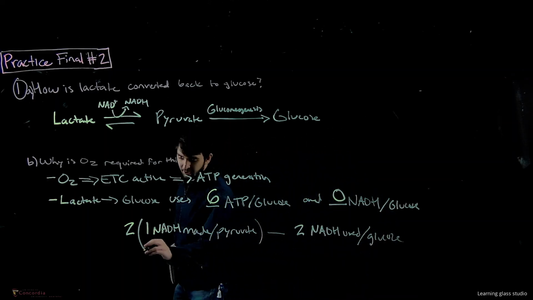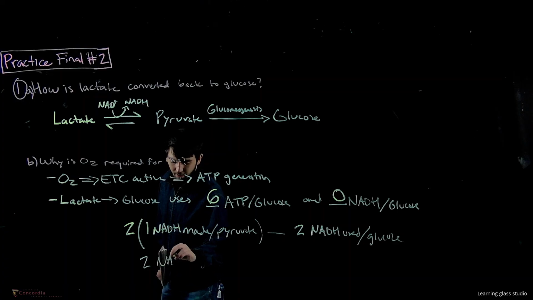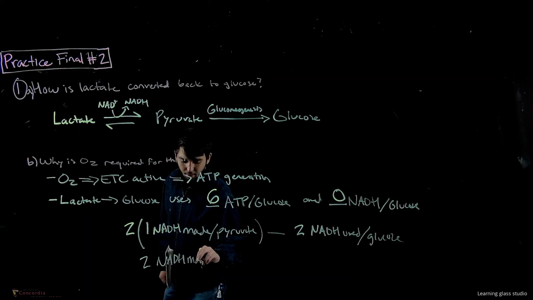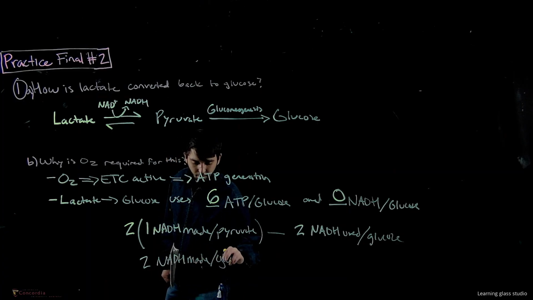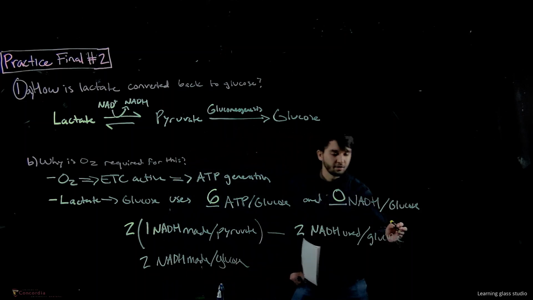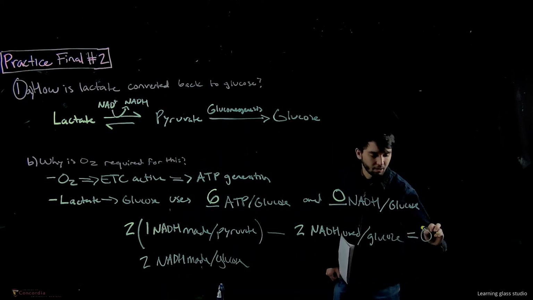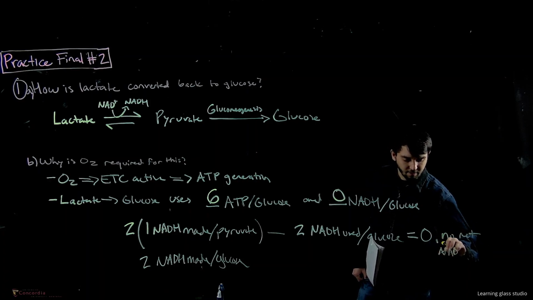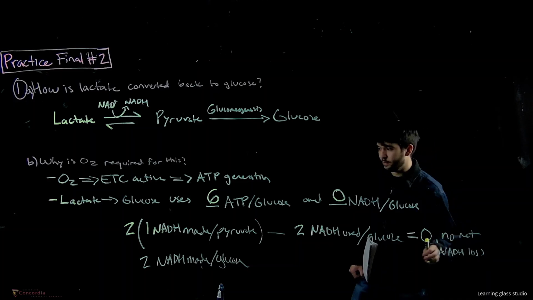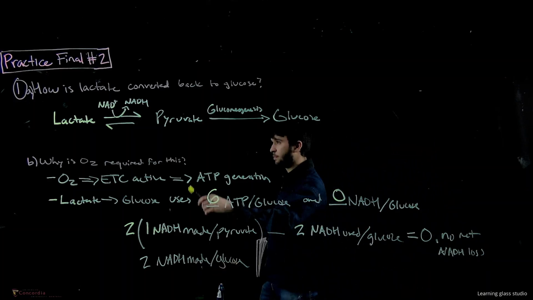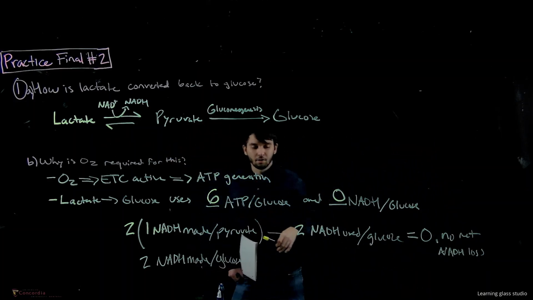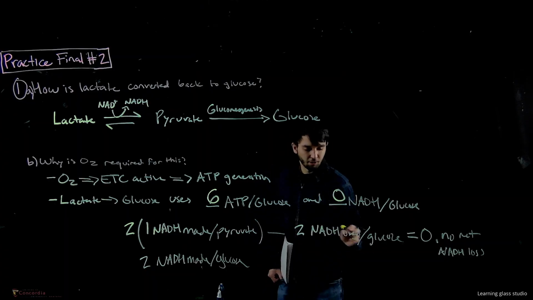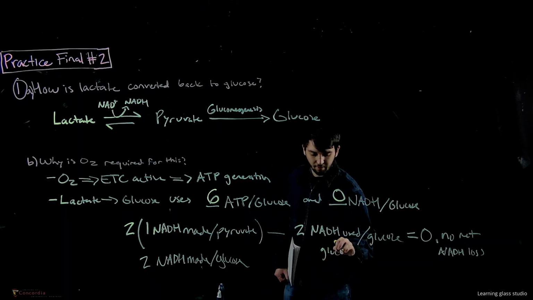So this can also be thought of as 2 NADH made per glucose. And this is just 2 minus 2, so 0, no net NADH loss, right? 2 NADH are made per glucose converting lactate into pyruvate, 2 NADH used per glucose, and this is in gluconeogenesis.